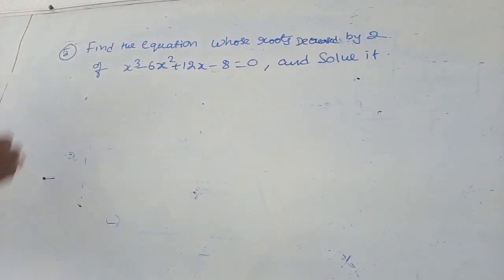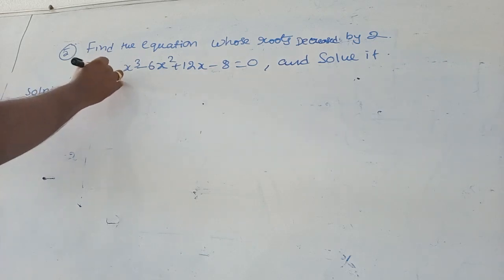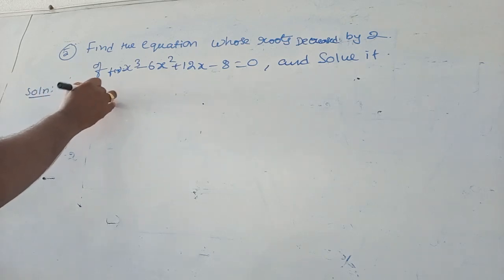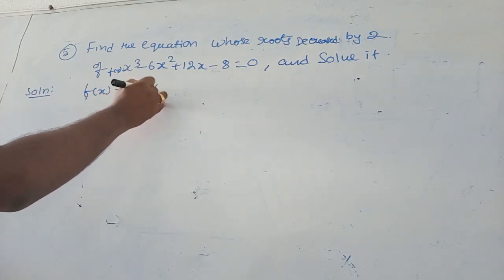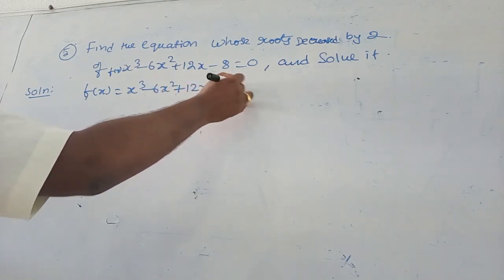You see, my dear students, here also in this problem they have given that if this is f of x, f of x is equal to x cube minus 6x square plus 12x minus 8 equal to 0.